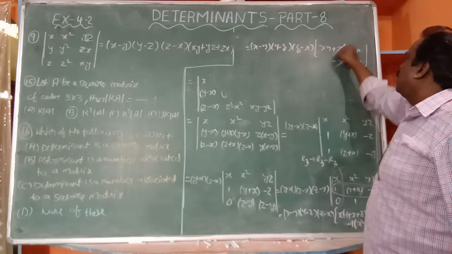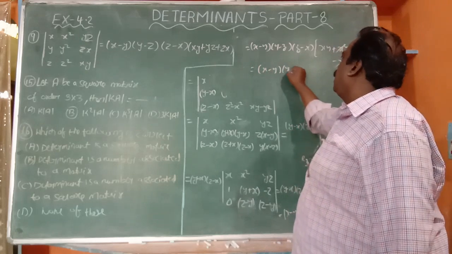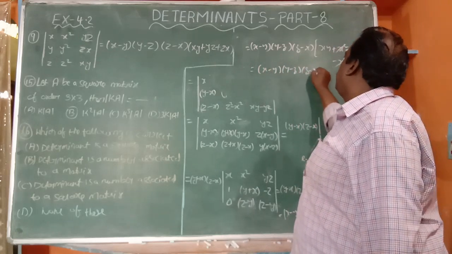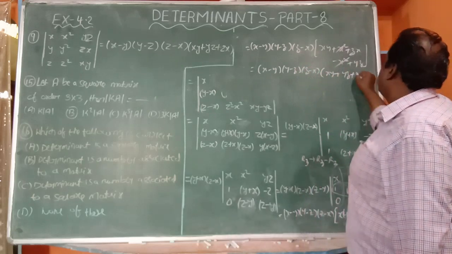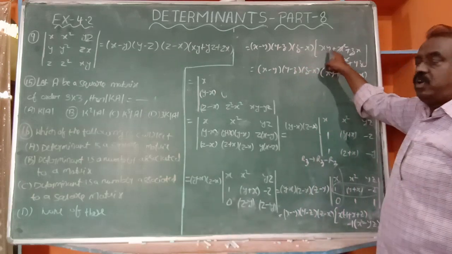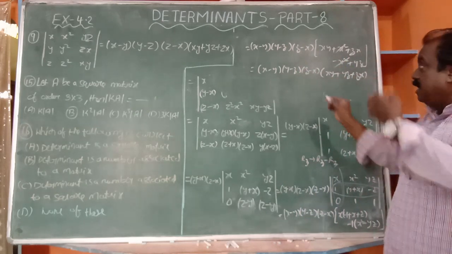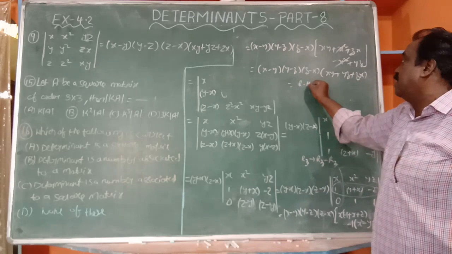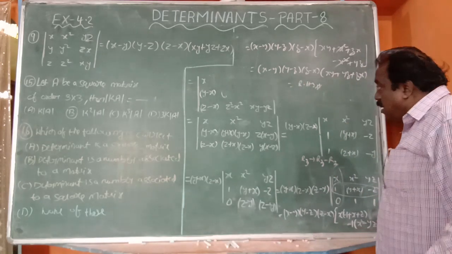X square cancels. Then x minus y, y minus z, z minus x of xy plus yz plus zx, that is nothing but RHS.